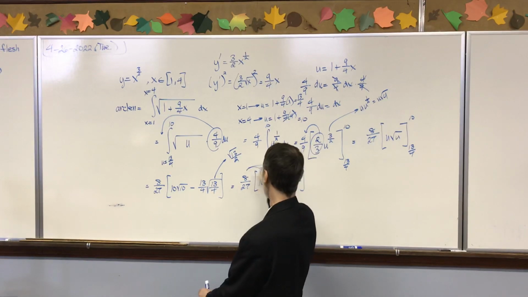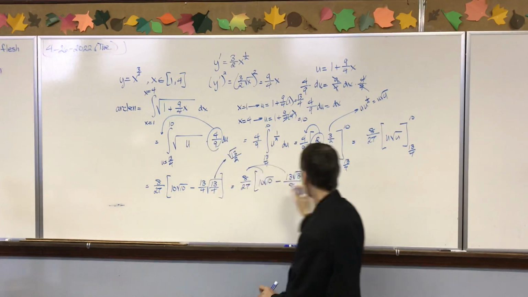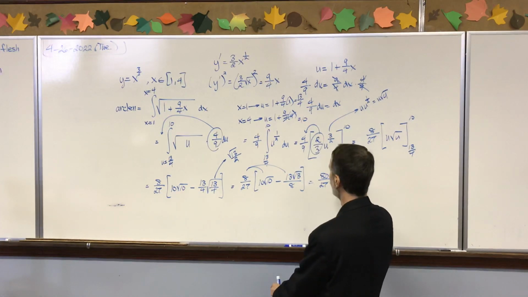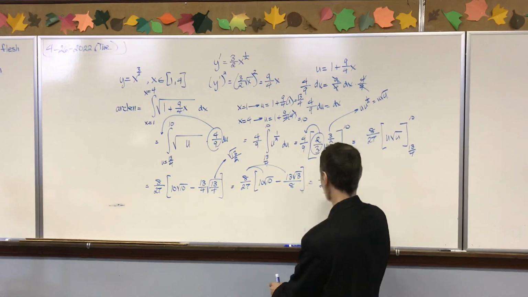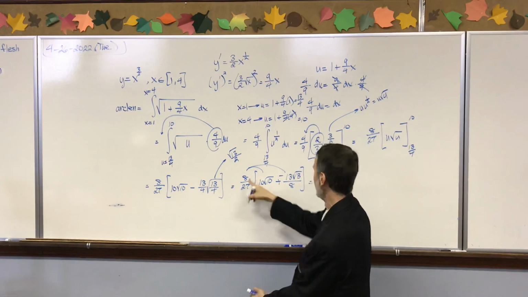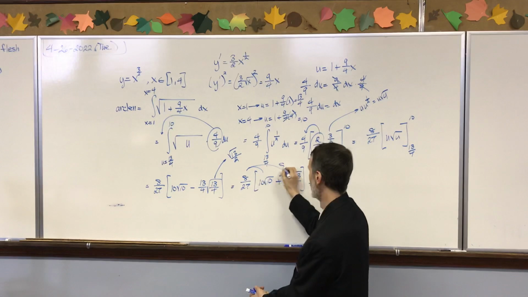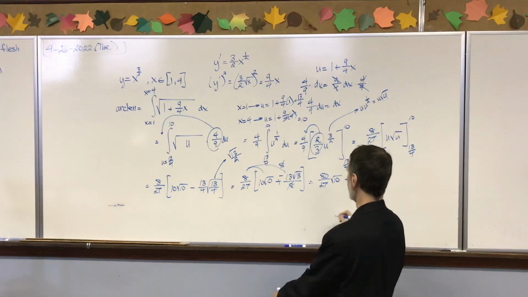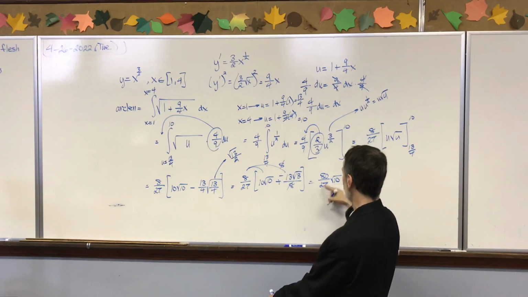Now distribute. You're going to get 80 over 27 radical 10, plus negative, the 8's cancel in this one, negative 13 radical 13. Okay? And this does not reduce.